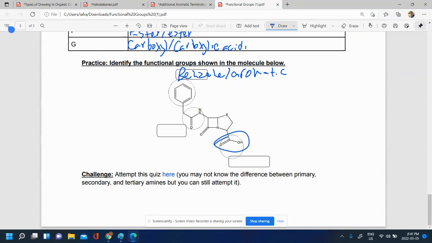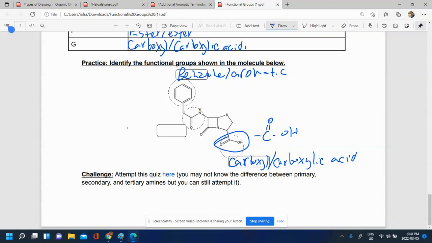Here it looks like we have this double bond OH at the end. So this would be a carboxyl, and that would make you a carboxylic acid if it was the highest priority.